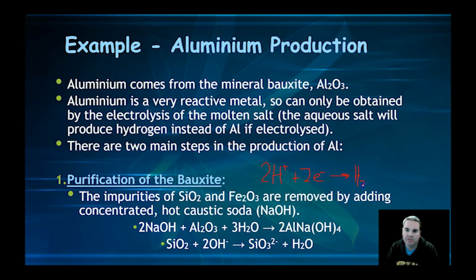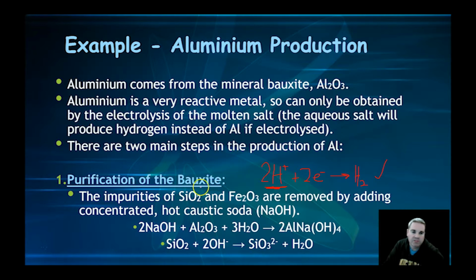Now, as I said, because that is not a metal, that is much more readily able to do that, and so this reaction will occur in an aqueous solution if you have a highly reactive metal, because this is far more energetically favourable than trying to force a metal such as aluminium to accept electrons. So the way that you get around that is by doing, as we said, the molten salt, and because then you've only got aluminium in there, it's the only thing that can happen.